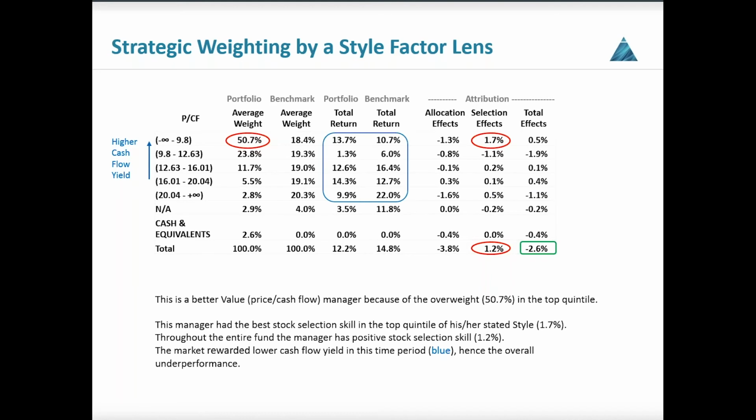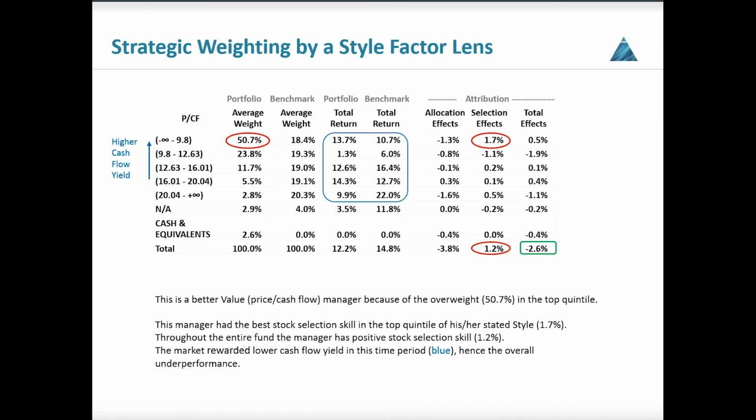We can look at the performance effects. We can compare the total return of the portfolio and the benchmark. And right there in the attribution selection effects, we can see that there is a positive 1.7%, a strong outperformance by the manager in that top quintile of high cash flow yield. So this manager is also selecting good stocks within that top quintile.